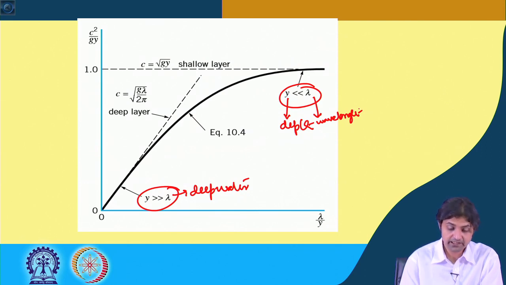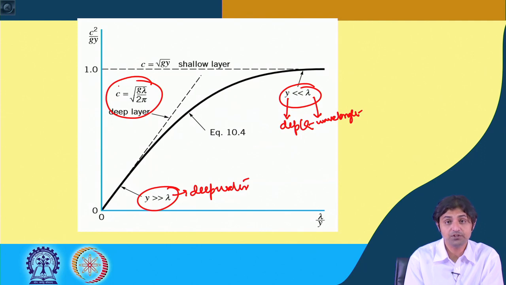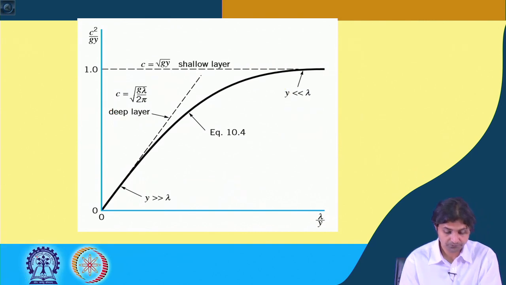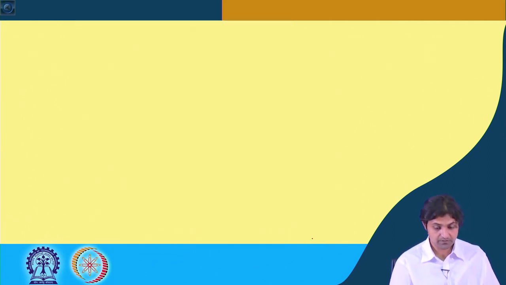So, we will see later that for deep water the wave speed depends upon lambda, the wavelength, and in shallow water c is equal to under root g y, it depends only on the water depth, but that is a topic for a later module. So, as I said, this was the wave speed as a function of wavelength.